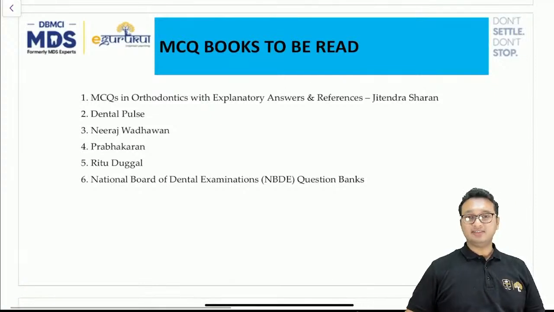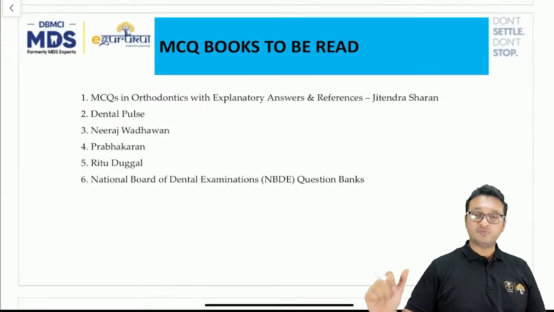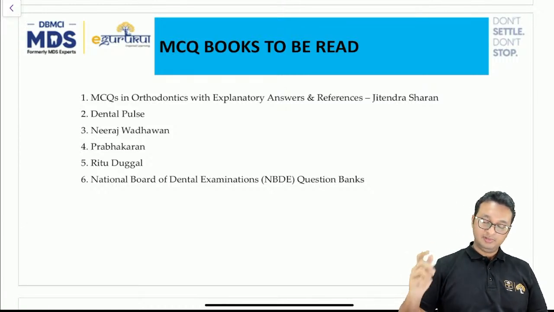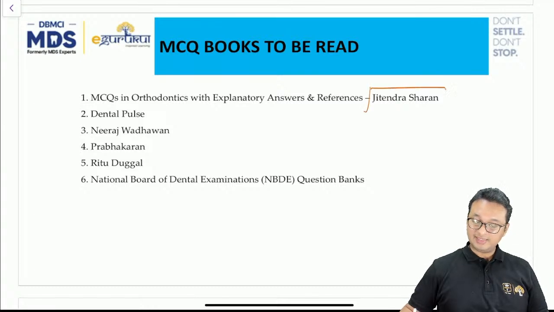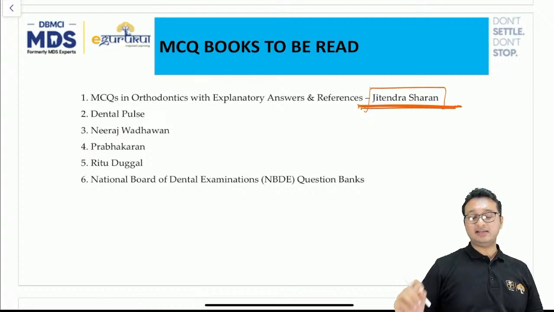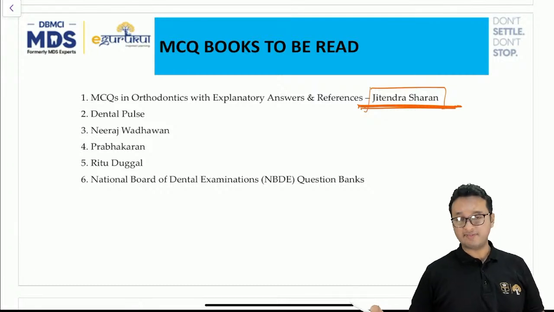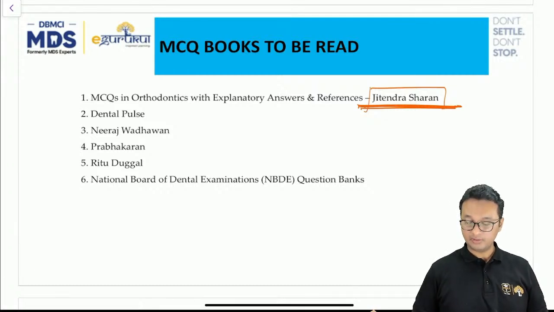To conclude today's session, just as a footnote, the MCQ books to be read specifically for the orthodontic subject. Nothing like it if you read Jitendra Sharan. It's an excellent collection of, I would say, more than how many? More than 6,000, 5,000 MCQs, if I'm not wrong.